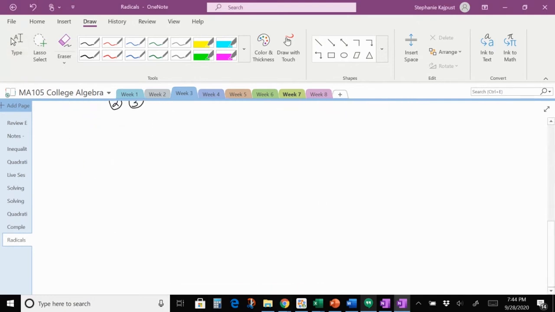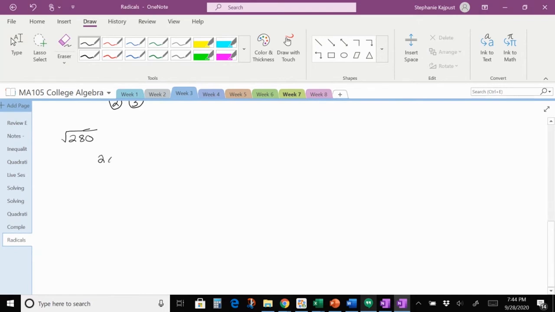Let's see. Here, we'll just do the square root of, we want to do square root of 28, maybe. Or let's just do 280, because we'll just make it bigger, then you can kind of look at it more. So say the square root of 280.